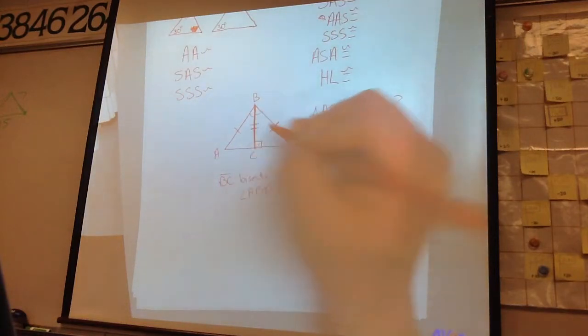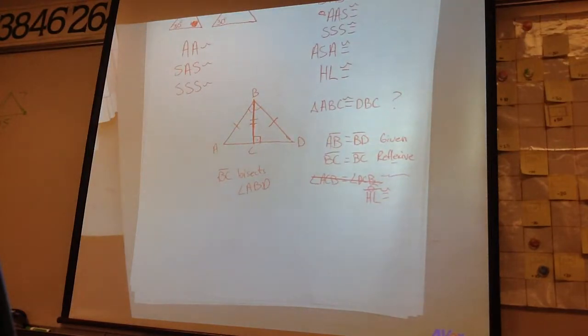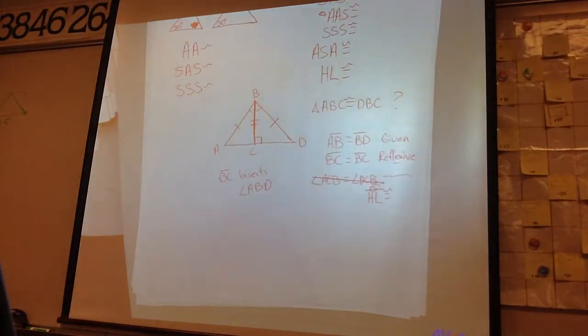Then you could use side angle side, because you have two sides and an angle between them. But we didn't have that, that's why we went with hypotenuse leg.